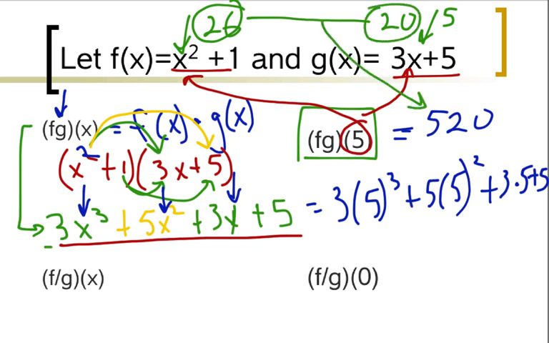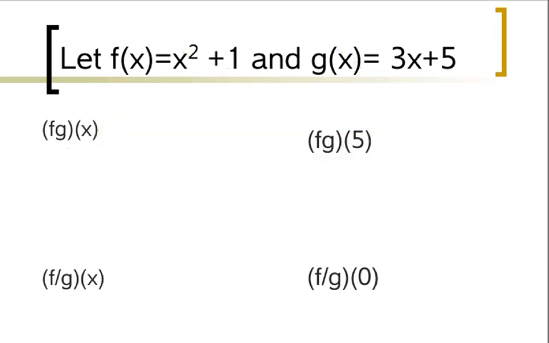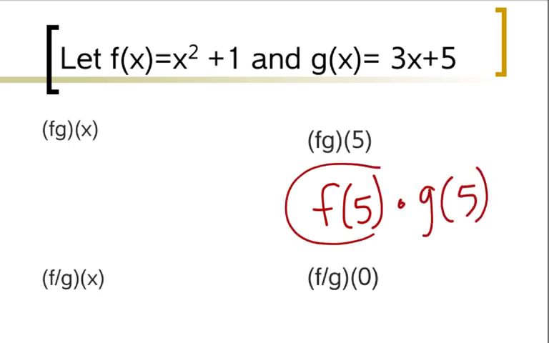So you could either multiply the two equations together first, or you can plug the number in first and then multiply the two solutions after that, the f answer and the g answer. In other words, you could basically rewrite the problem to be f of 5 times g of 5. So the answer from f of 5 was 26, and then we would times that by g of 5, which was 20, and that gives us our 520.